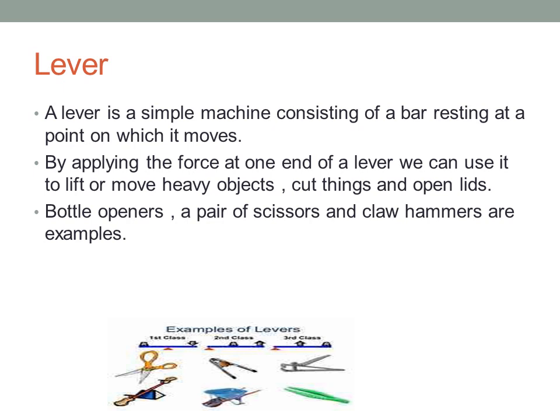Bottle openers, a pair of scissors and claw hammers are said to be examples. And then there are three types of levers: first class lever, second class lever and third class lever.